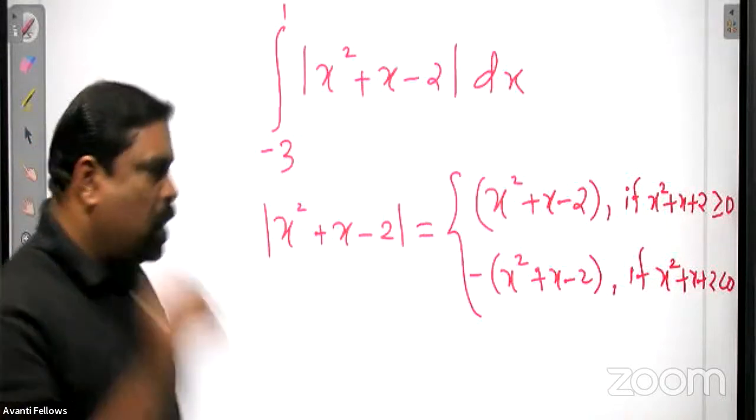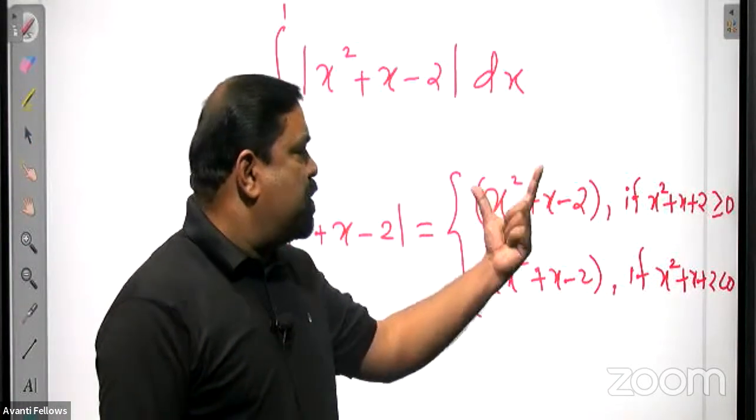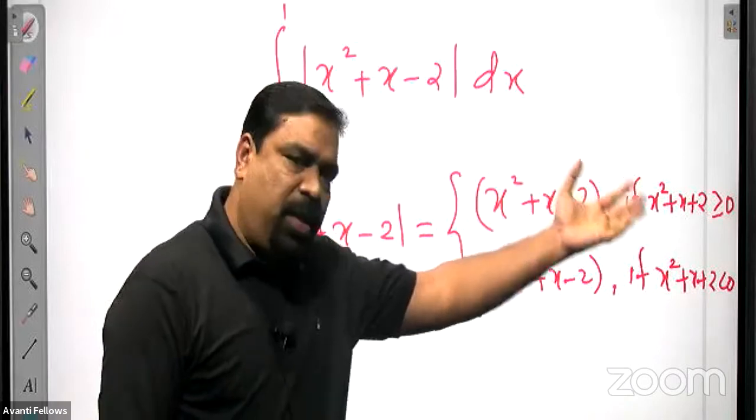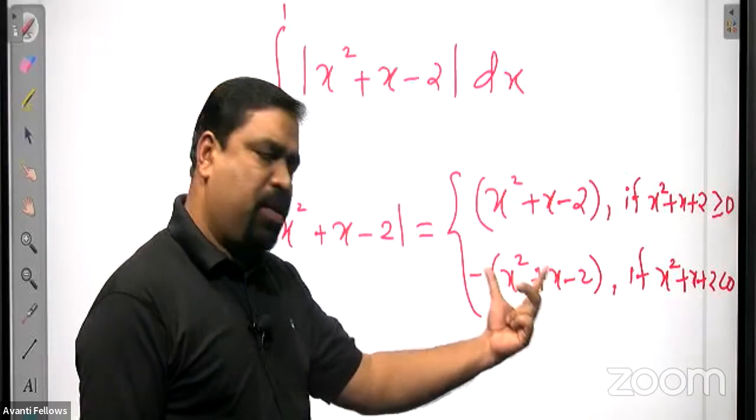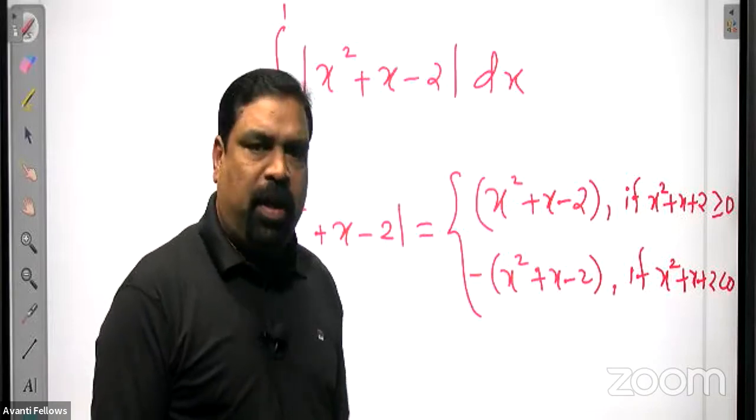So we have to see where this expression x square plus x minus 2 is positive and where it is negative, in the given interval.